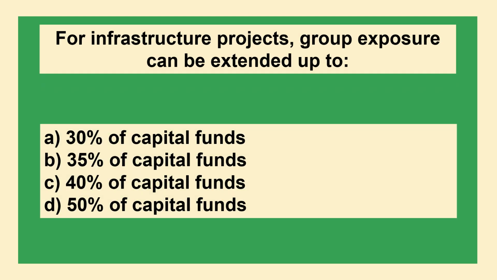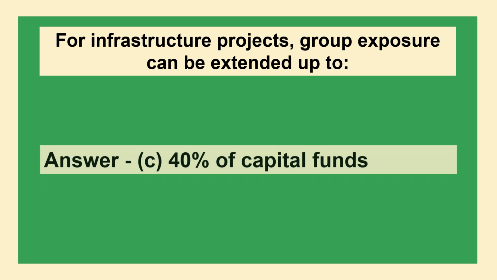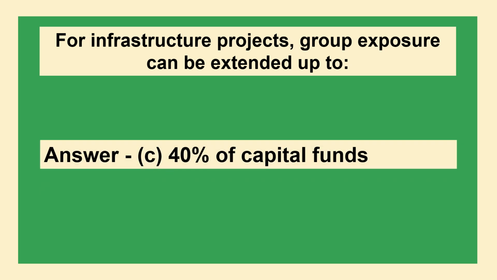For infrastructure projects, group exposure can be extended up to option A, 30% of capital funds, option B, 35% of capital funds, option C, 40% of capital funds, option D, 50% of capital funds. The answer is option C, 40% of capital funds.